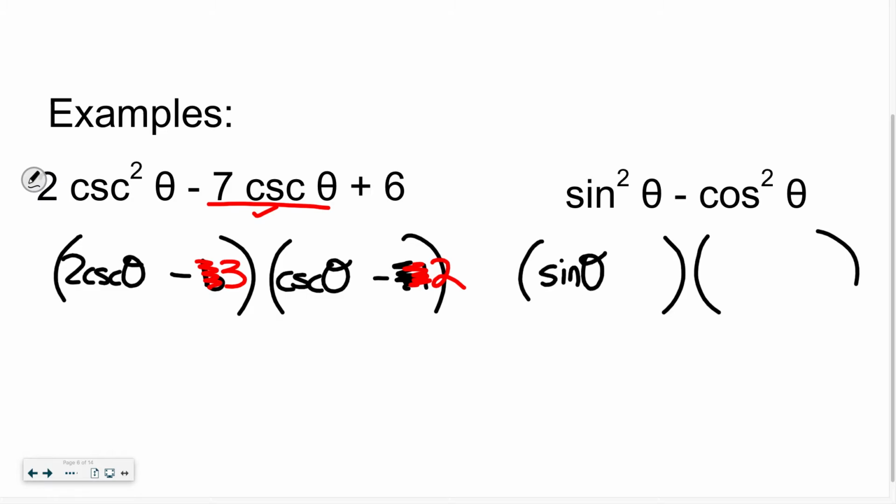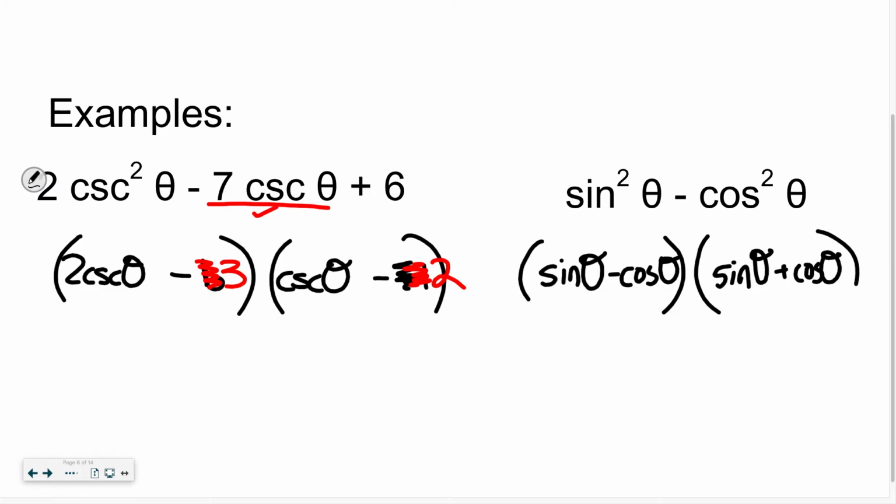Sine theta minus cosine theta times sine theta plus cosine theta. Because then sine times sine is sine squared. Negative cosine times positive cosine is negative cosine squared. And this one would be positive sine cosine. And this one will be negative sine cosine.